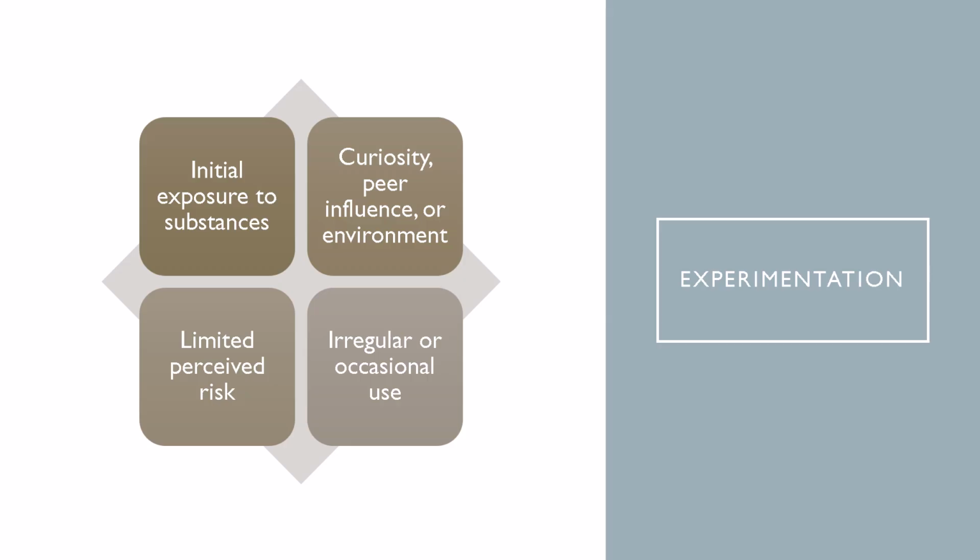And one of the key characteristics of this stage is that the perceived risk is low. The individual may not see their behavior as problematic, and in a lot of cases, it may not be causing any noticeable consequences. And that's why it goes unnoticed for so long, or it's dismissed as just normal behavior.